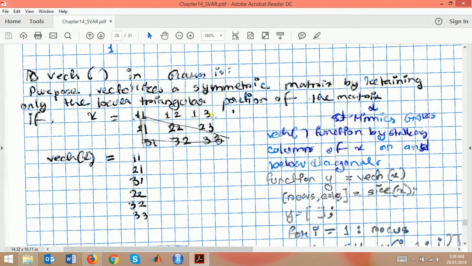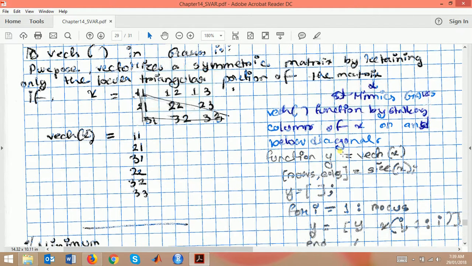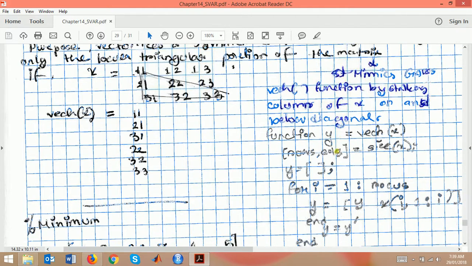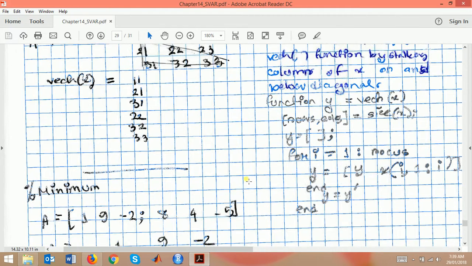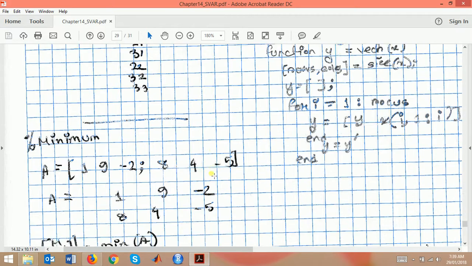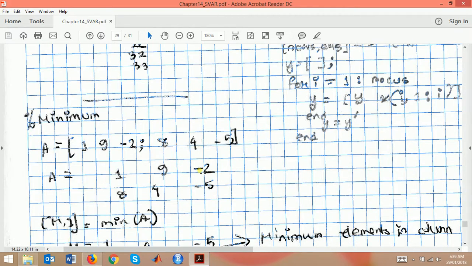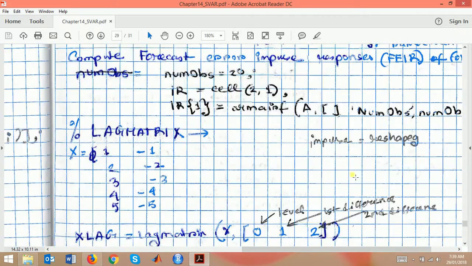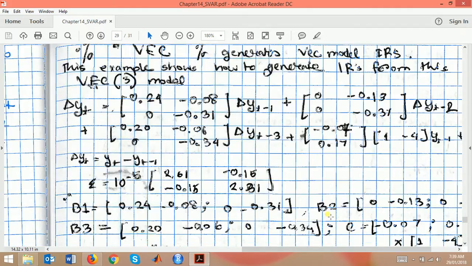So it vectorizes the lower triangular elements. That is done by stacking columns of x on and below the diagonal. That is what vech does. So that is vech.